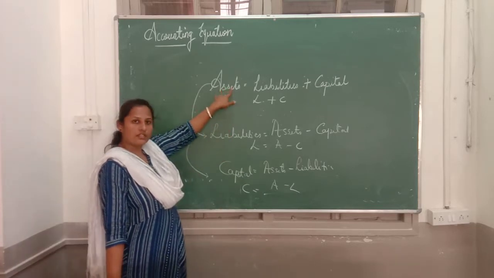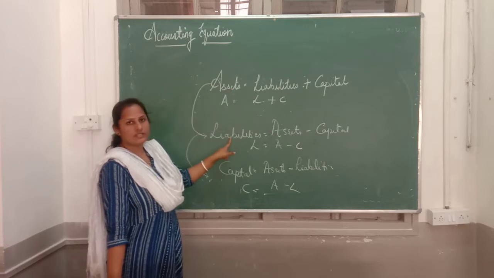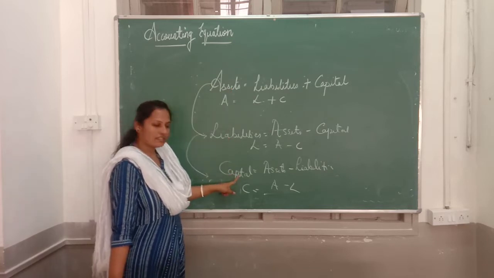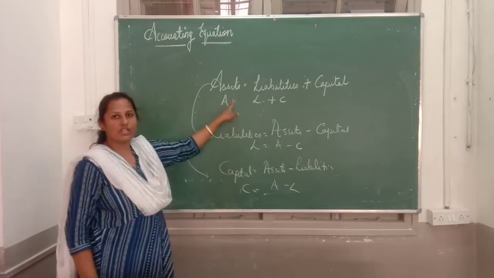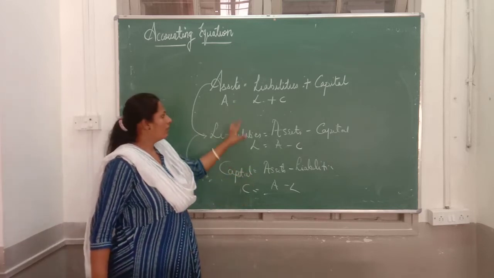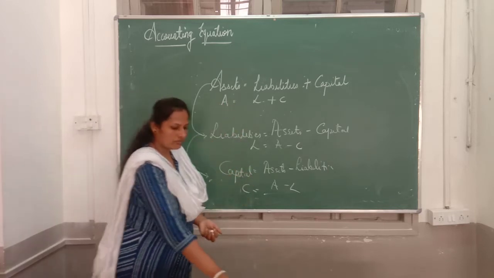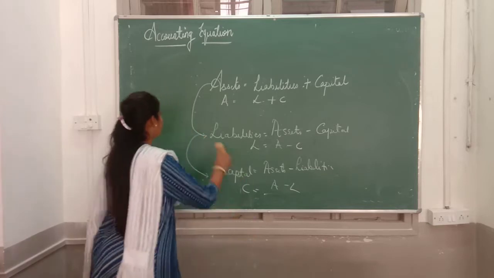If assets is missing, take this formula. If liability is missing, take this formula. If you want to find capital, take this formula and solve the problem. Based on this formula, one problem we will solve.